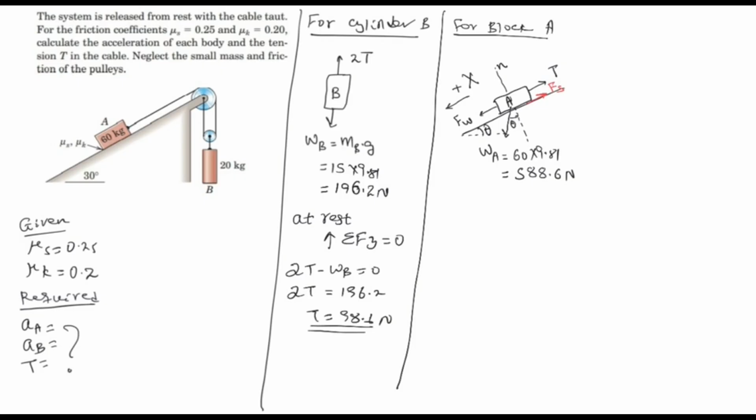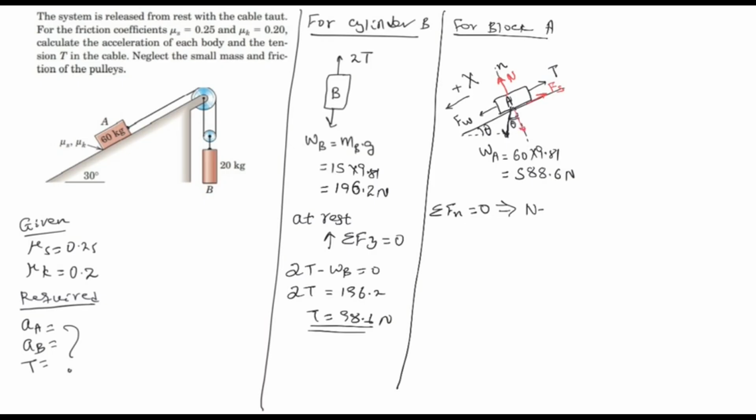This implies that now, if we sum up the forces in the normal direction, the summation of force in the normal direction is equal to 0 because there is no motion in the normal direction. In the normal direction, the normal force is applied in this direction. This is normal force N. So let's evaluate that. N minus, now the component of the weight in the normal direction will be the cosine function of that portion.